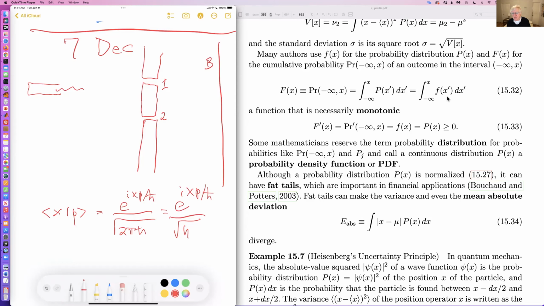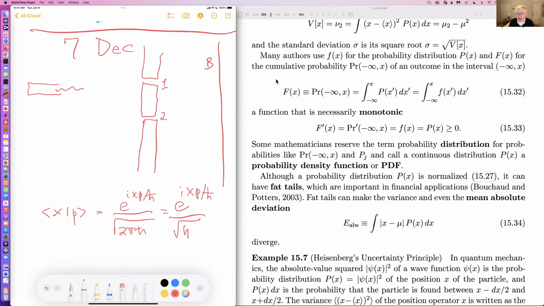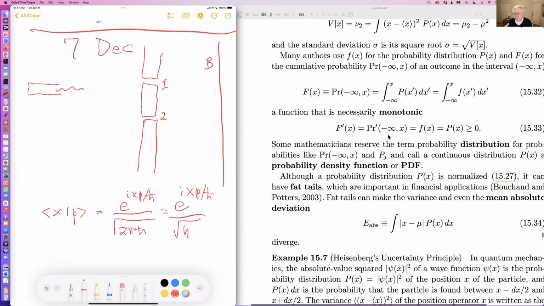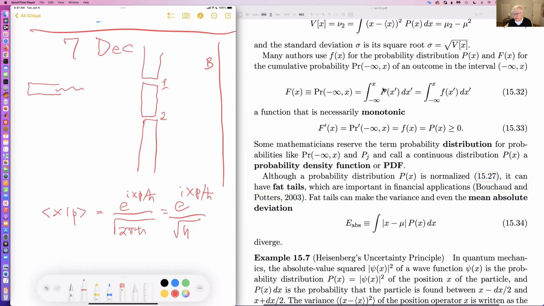And then the statistician would say, not p of x prime, but f of x prime. Notice that capital F of x is necessarily monotonic because its derivative is just p of x, which of course is positive because it's a probability.